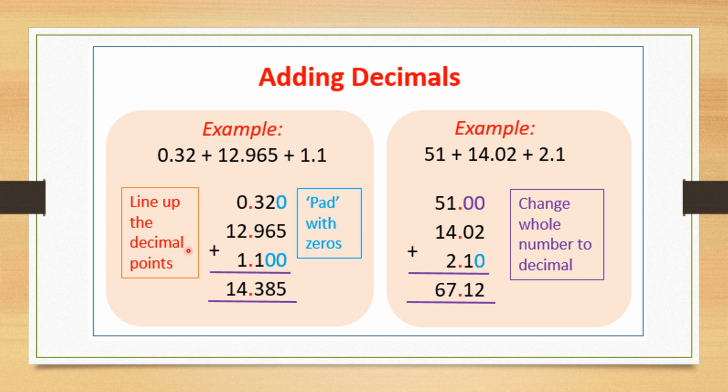First line up the decimal points. Decimal points means line up the dot. Then line up the whole numbers in a column. Then after the dots, whatever digits there are, arrange them in the column. If there are fewer digits, fill them with zeros. Then add it like a normal number. This is another example for you. Do it on your own.